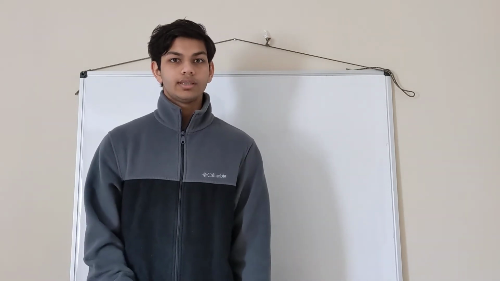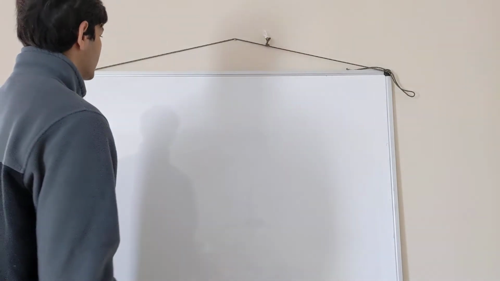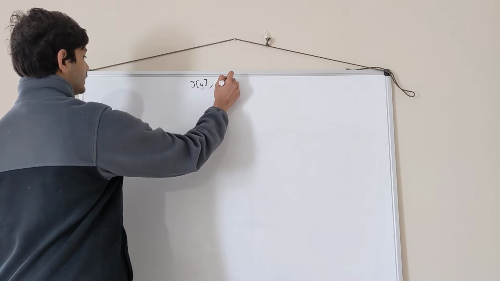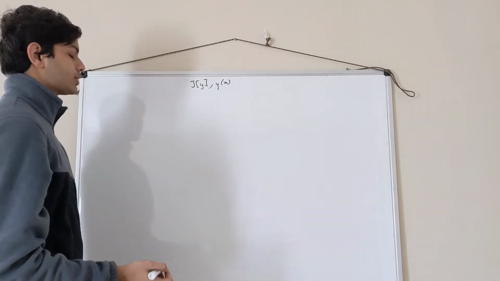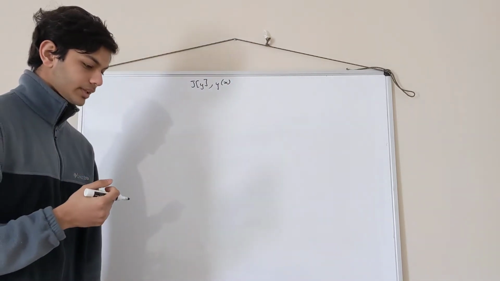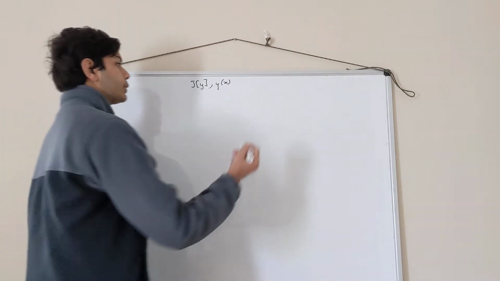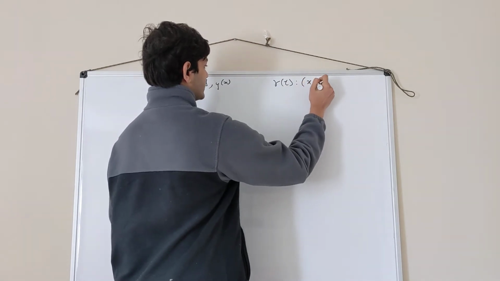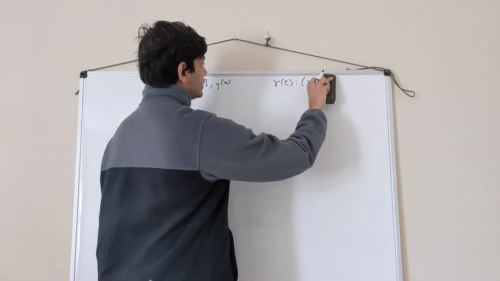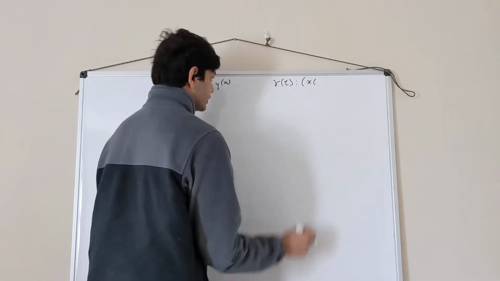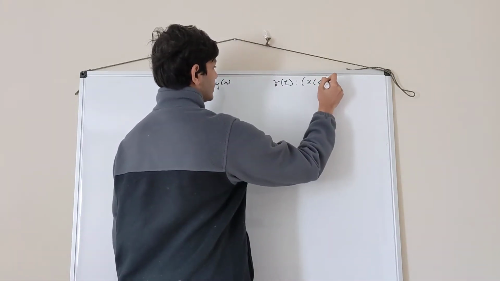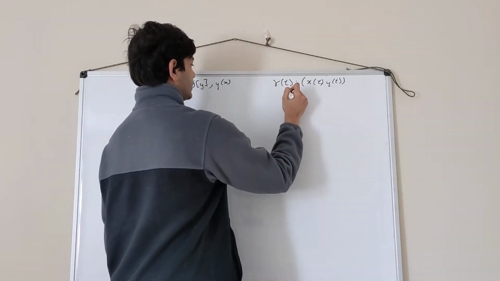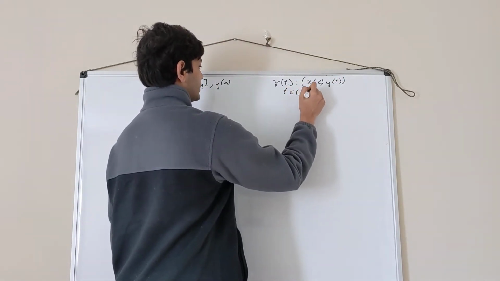So what we're going to do is, instead of looking at functionals of the form J of y, where we have y as some function of x, we're going to look at functionals of parametric curves. So we can have some parametric curve gamma of t, which is just some coordinates x of t and y of t. t is just some variable which varies over some interval, let's say 0 to 1.